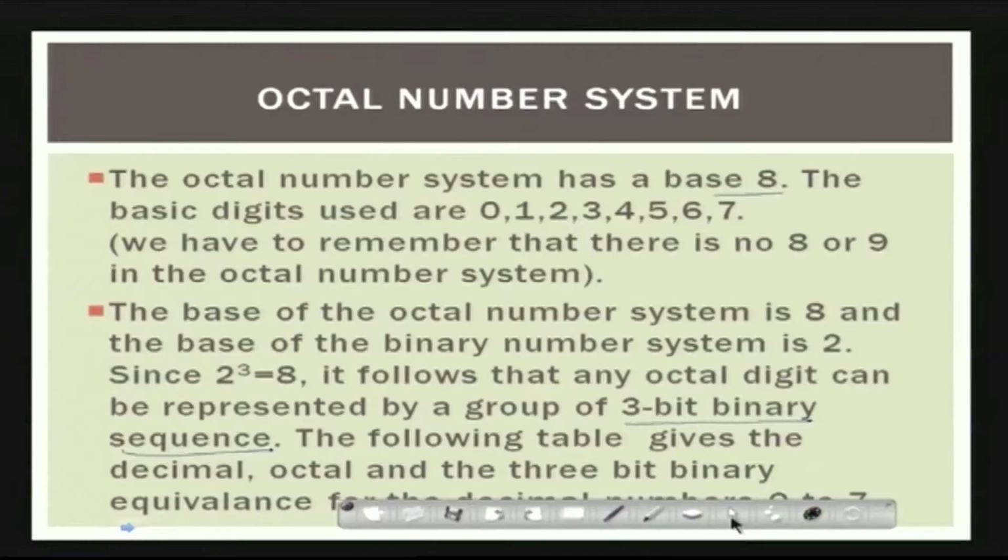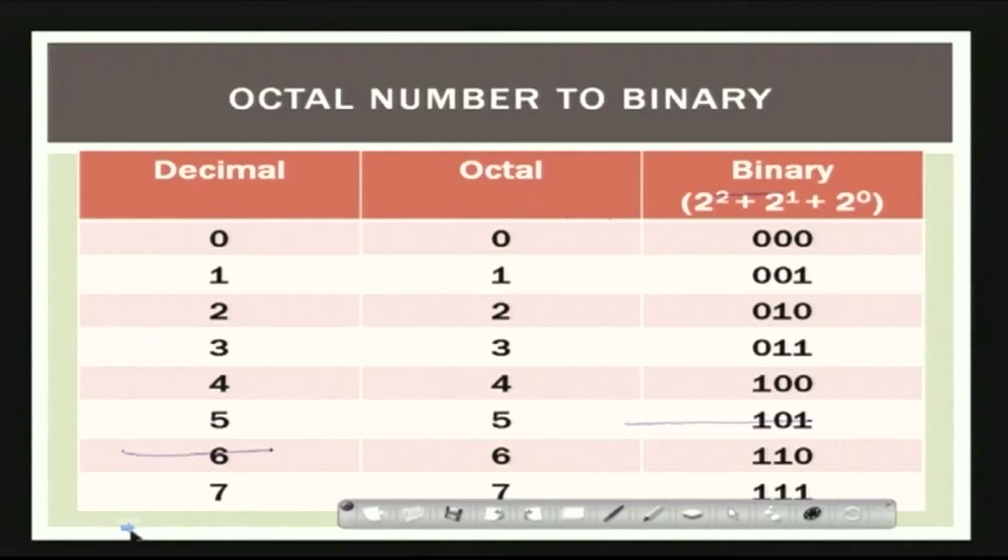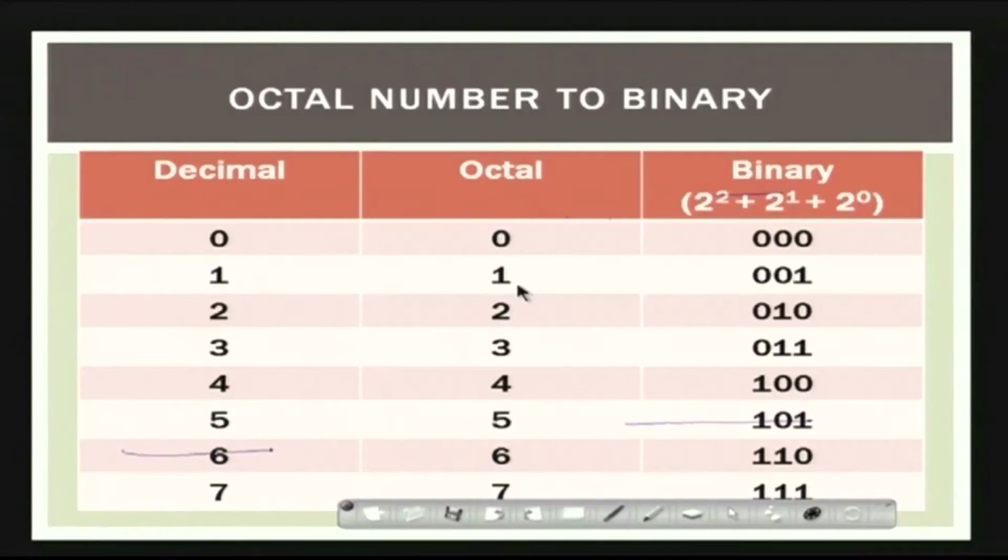Now, this is what is being shown in the table that follows, and you can see that 0 in octal can be represented as 0 0 0 when it comes to binary number. So, every octal number can be represented by 3 digits in binary. 1 becomes 0 0 1.